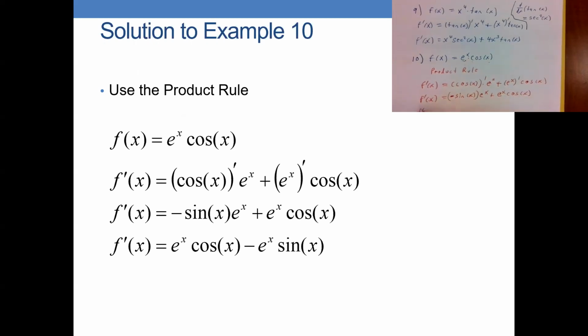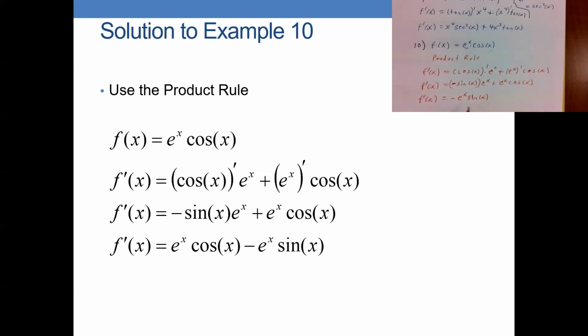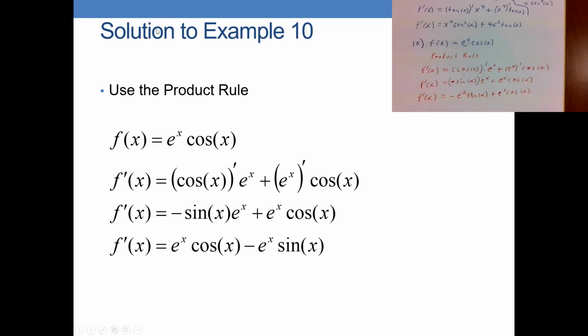I'm going to rewrite it with the exponential function first, and I'll put the negative first. So that'll look like negative e to the x sine x plus e to the x cosine x. If you notice in the PowerPoint, I switched the terms around. You can do that as well. Questions?